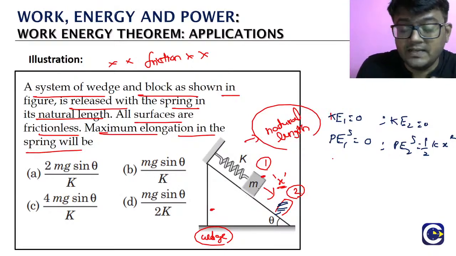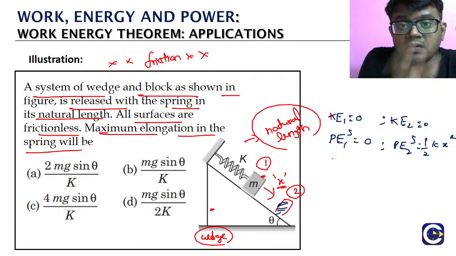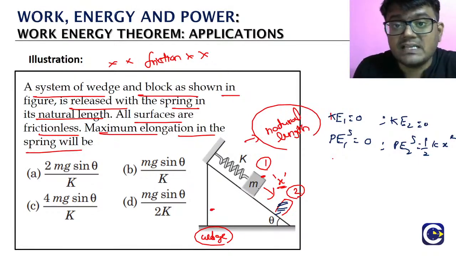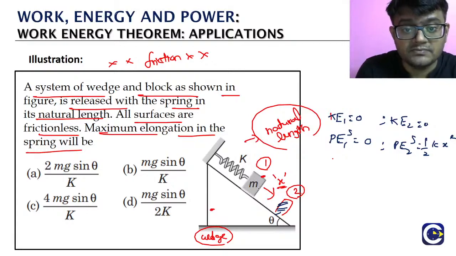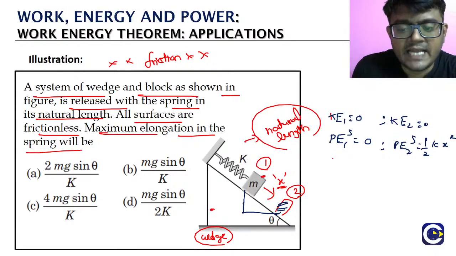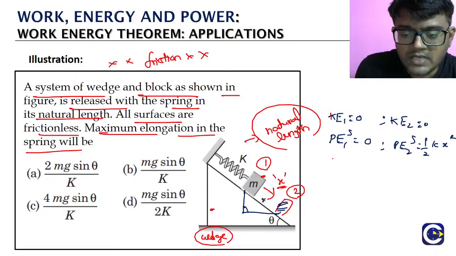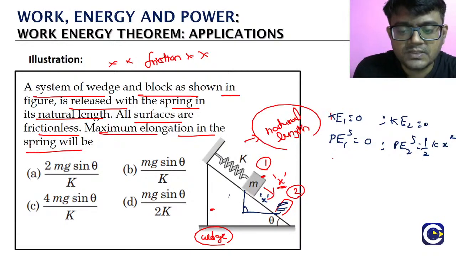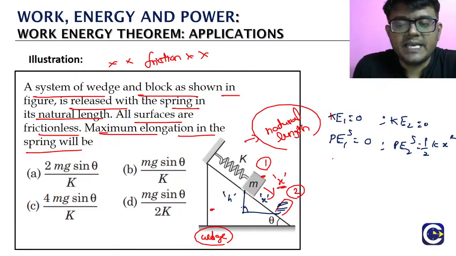How does it come? Look, the block is moving on the inclined plane, which means there is a vertical motion for the block. It is not like moving on a horizontal surface. The block is moving on an inclined plane, which means it will have a vertical displacement. We can design a right angle triangle here. What is its hypotenuse? x. So the vertical displacement is h, right?